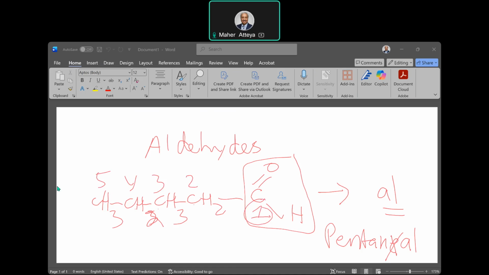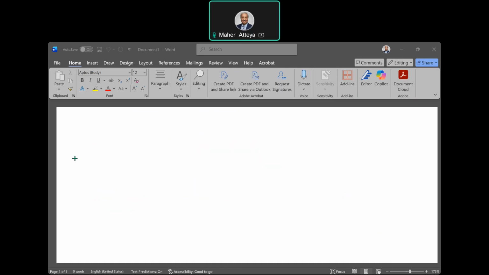Now the ketones, on the other hand, ketones cannot be number 1. It's number 2, the functional group of ketone. So for example, I have CH3, CO double bond CH3. So this is 1, 2, 3. 3 carbons, correct? 3 carbons is propane, correct?